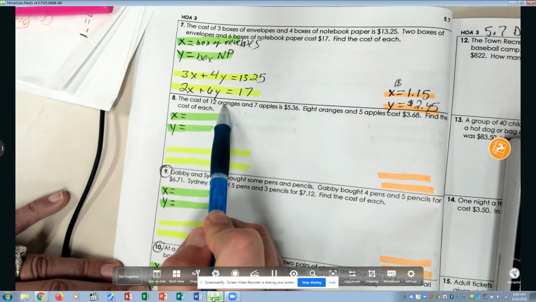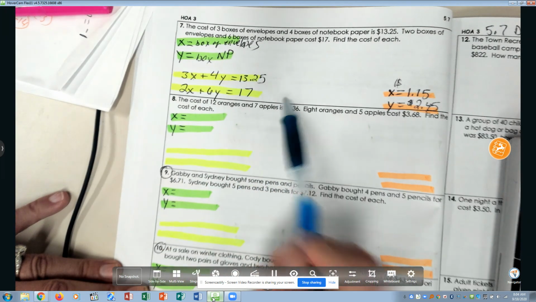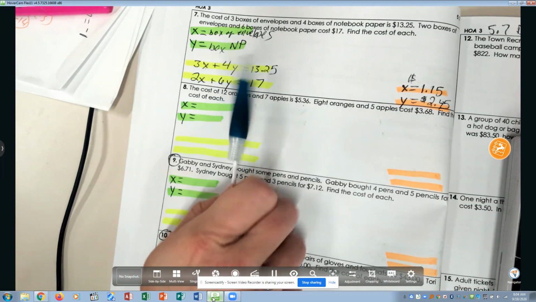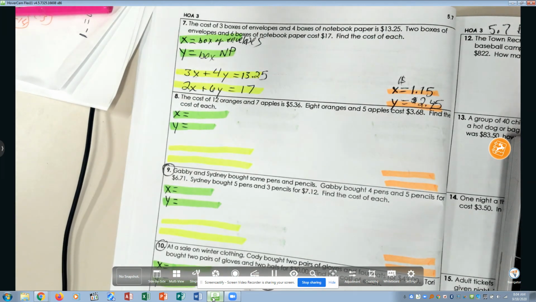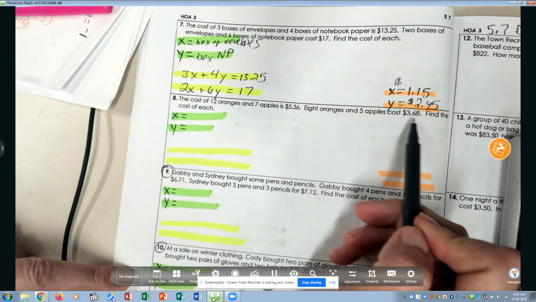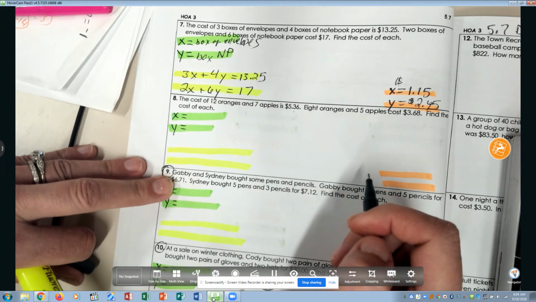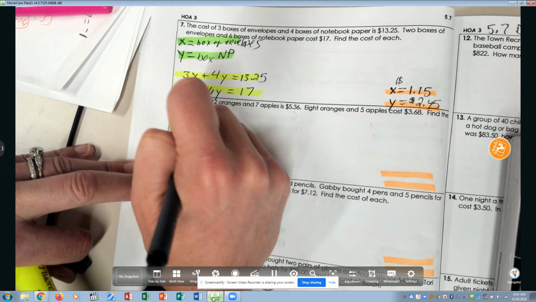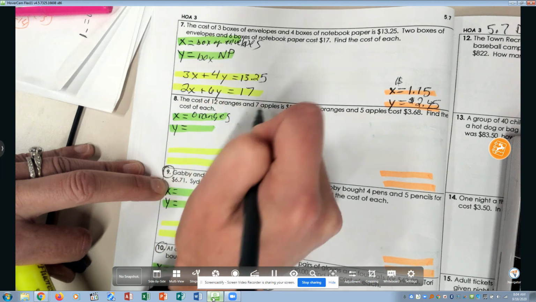Next, the cost of 12 oranges and 7 apples is $5.36. The cost of 8 oranges and 5 apples is $3.68. Find the cost of each. All right, so we've got oranges and we've got apples.